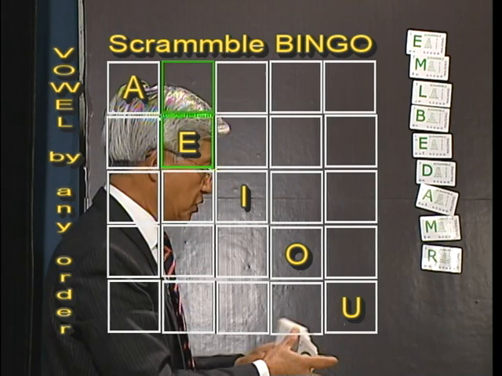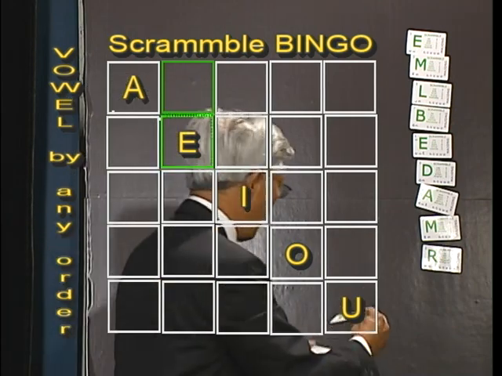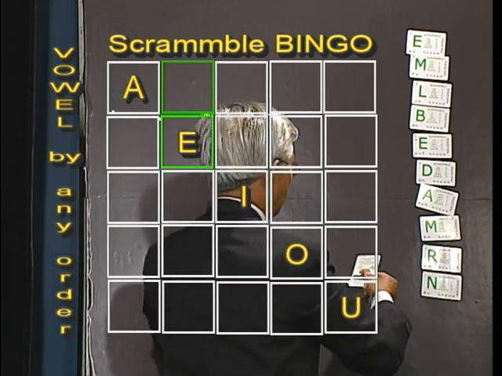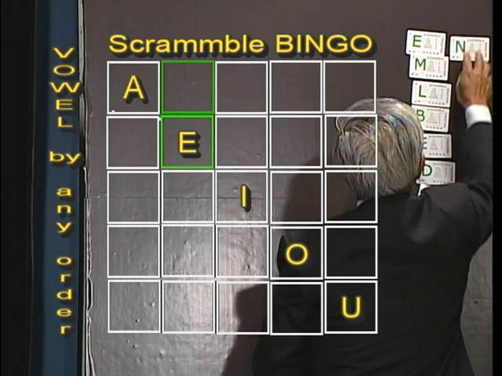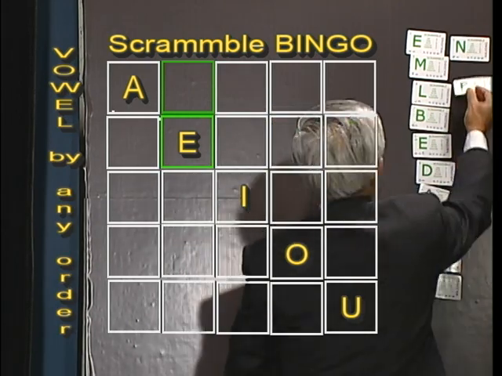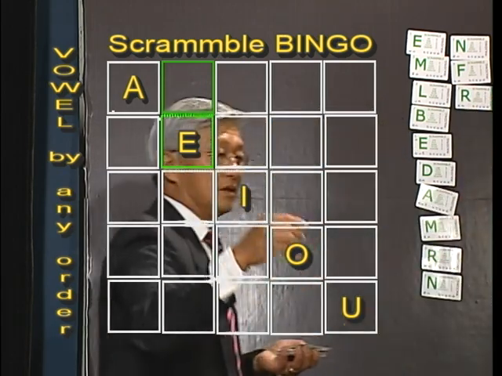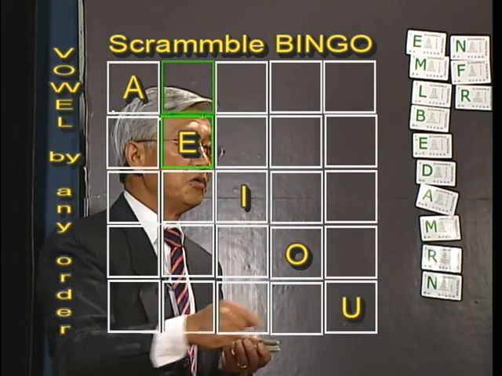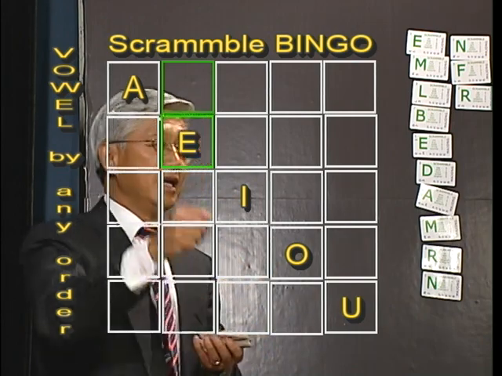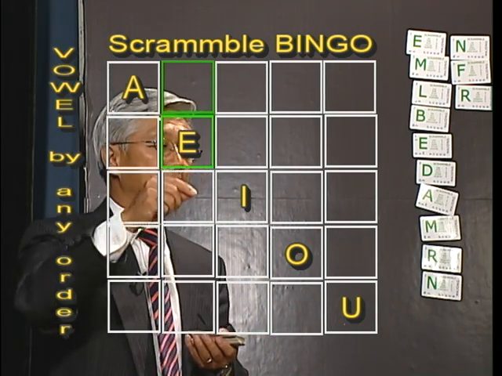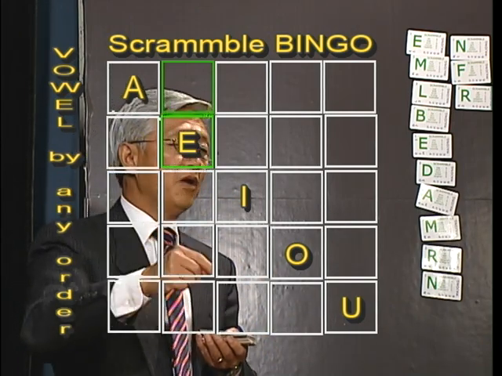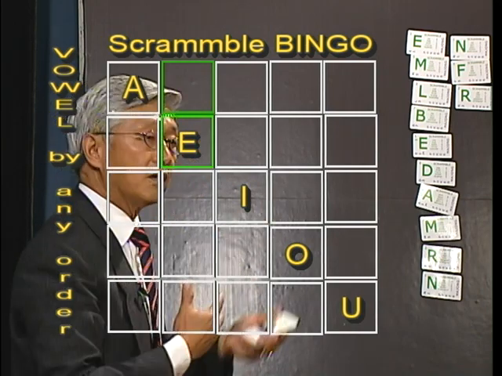All right, let me just take the cards randomly again and draw more letters here. And see, now without I, without O and U, IOU has to be in this column, right? If IOU doesn't come, you cannot call bingo.